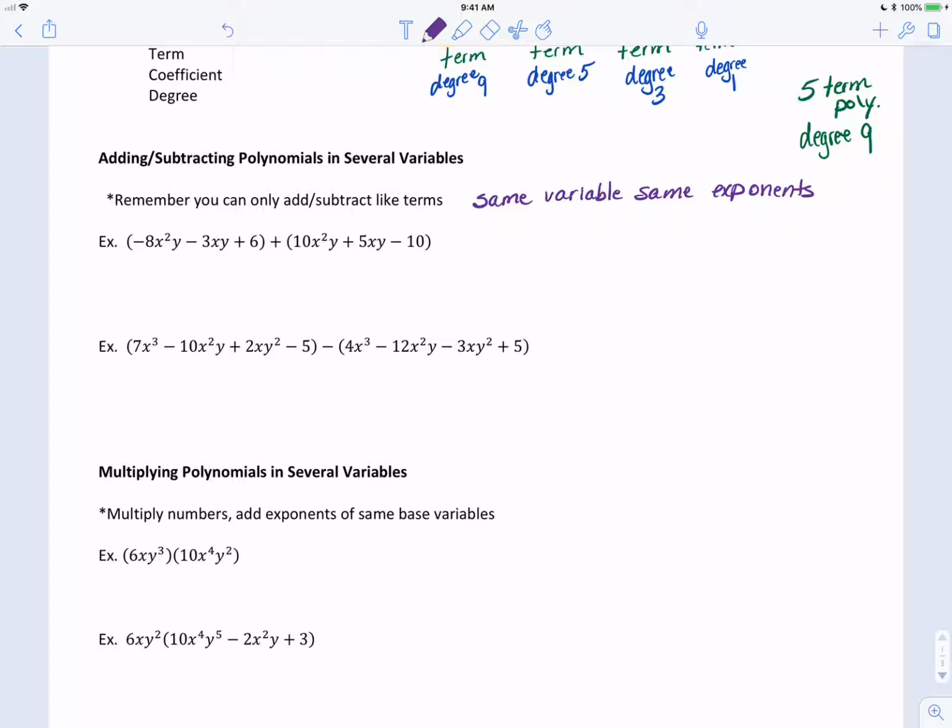And we're going to add the polynomial 10x squared y plus 5xy minus 10 to that one. So let's see what are like terms here. Well, we have an x squared y. So the only thing I can add to that is another x squared y. Well, we happen to have that on this other side. So we have negative 8 plus 10 x squared y's. That gives us 2 x squared y's.